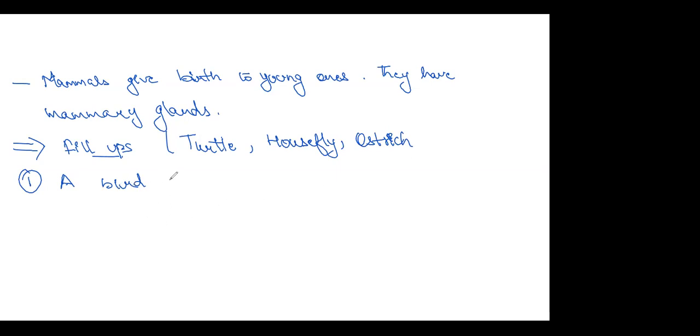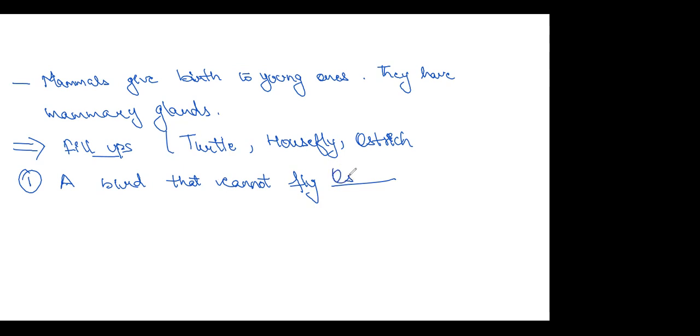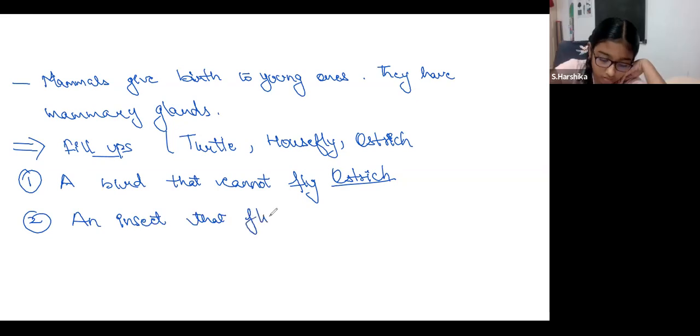Okay, so a bird that cannot fly. So from these, ostrich. Next, second is an insect that flies.